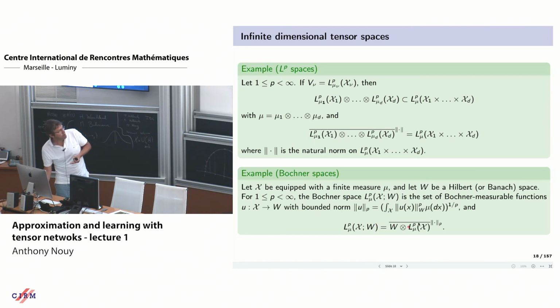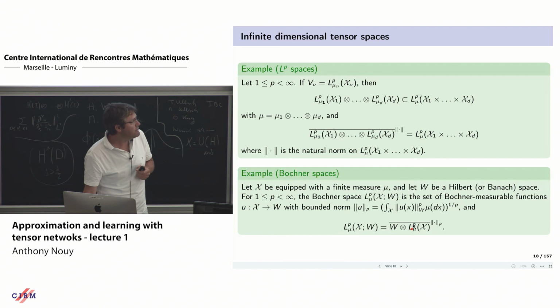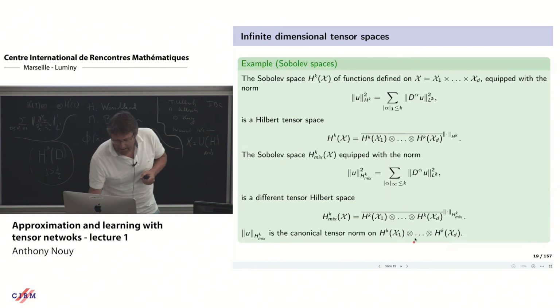It is the completion with respect to this Bochner norm here, that we have seen already in some courses before, of the algebraic tensor product space of W by the scalar-valued functions over X in Lp. Okay, last example.